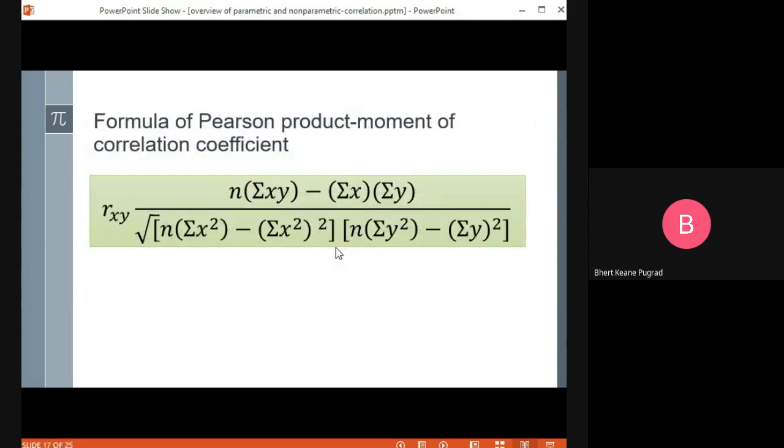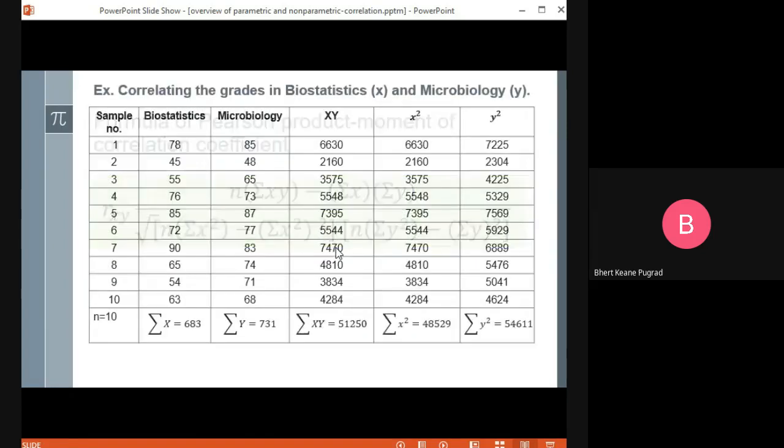So this is the formula of your Pearson product moment correlation coefficient. Alam ko nalulula na kayo and this might be a deadly formula. However, I will try to simplify this formula because you're going to apply this in your future research studies.